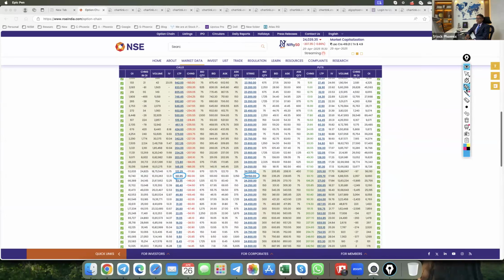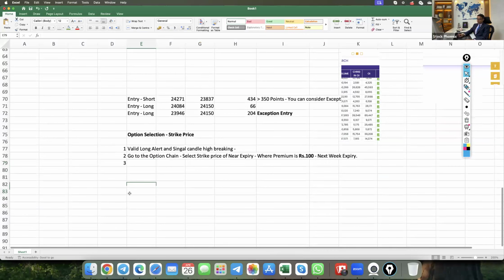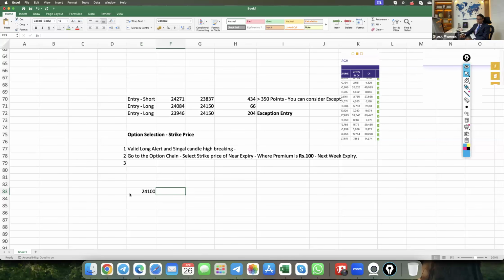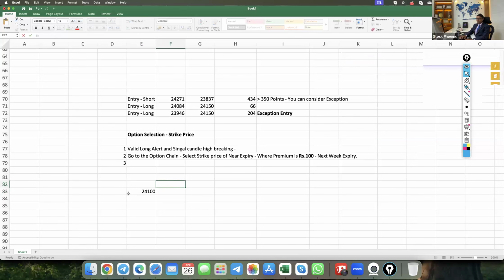Always take a strike price ending with 0. Don't go with 150, 250, 350. Go for 100, 200, 300, 400. So I will pick the 24,100 call option. The entire investment you have to keep in your account.